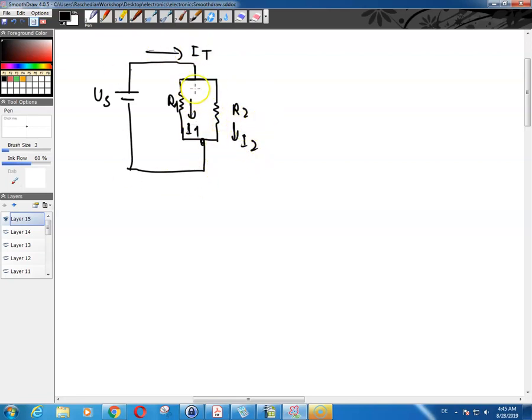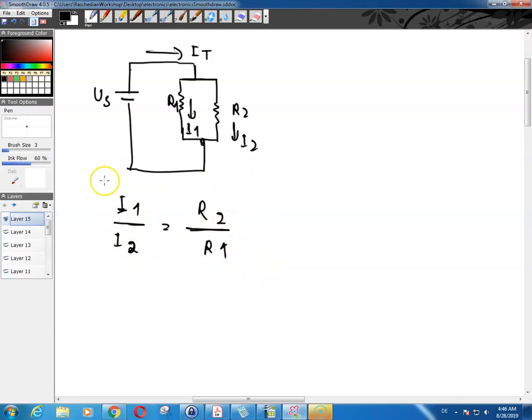And the relationship that we found was that I1 to I2 is equal to R2 to R1. So that was one relationship, and based on that you can calculate what is I1, what is I2, what is R2, what is R1.